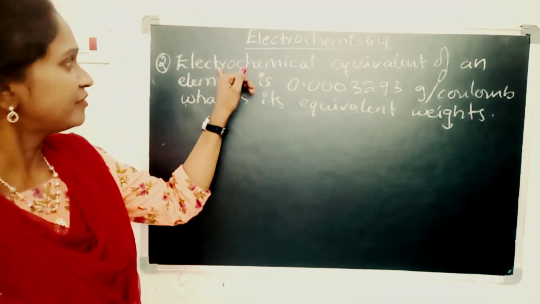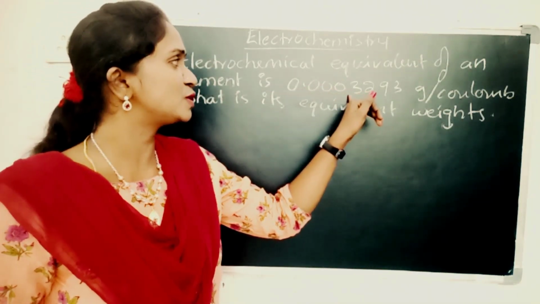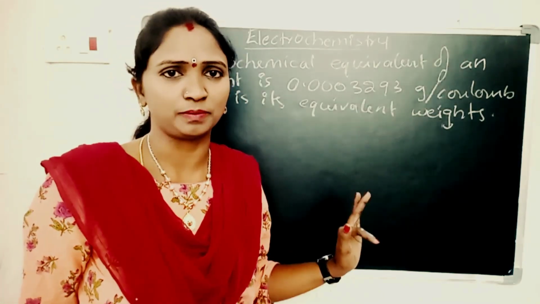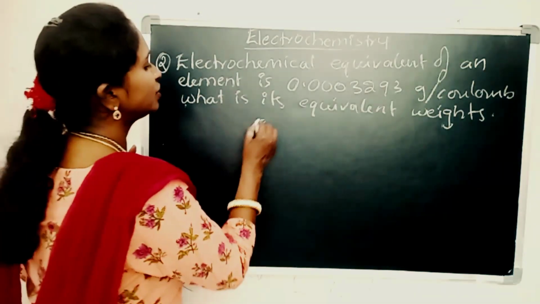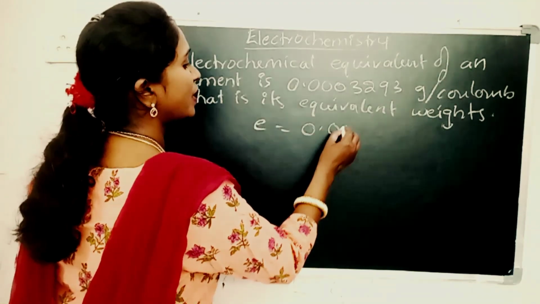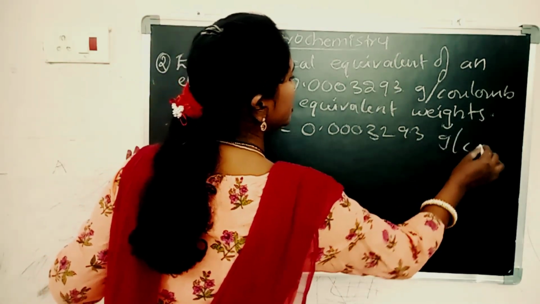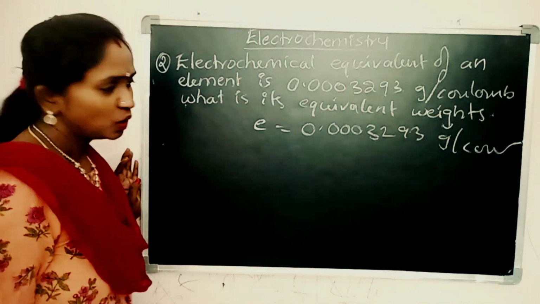They have given the electrochemical equivalent of an element as 0.0003293 grams per coulomb. So we will have the value small e equal to 0.0003293 grams per coulomb.